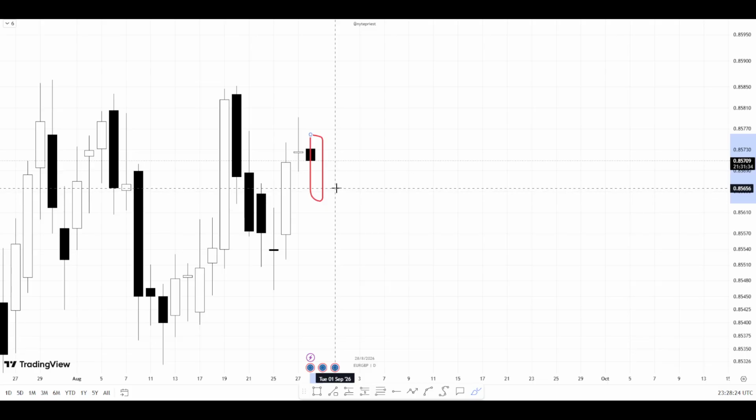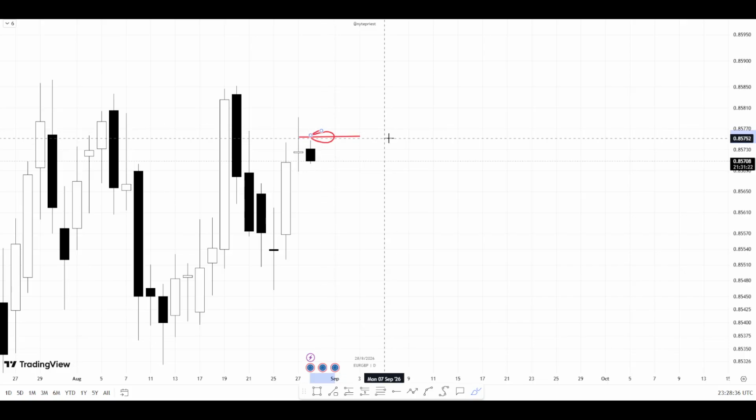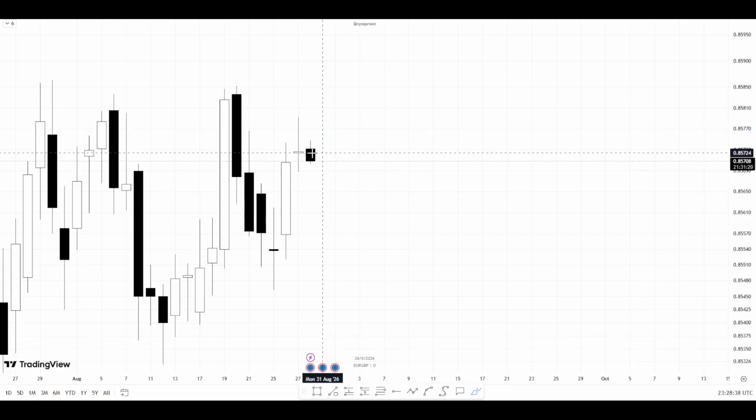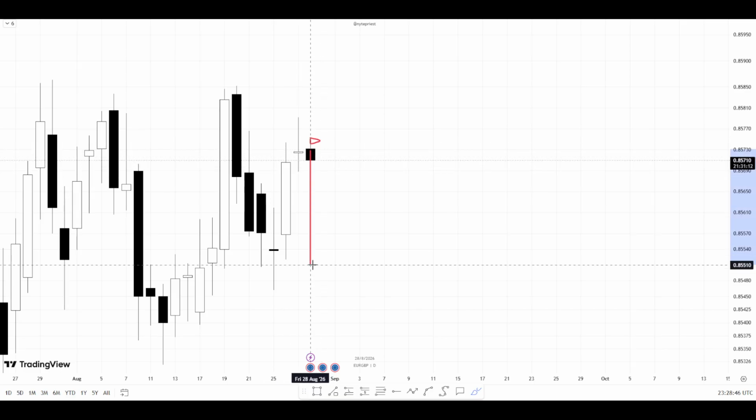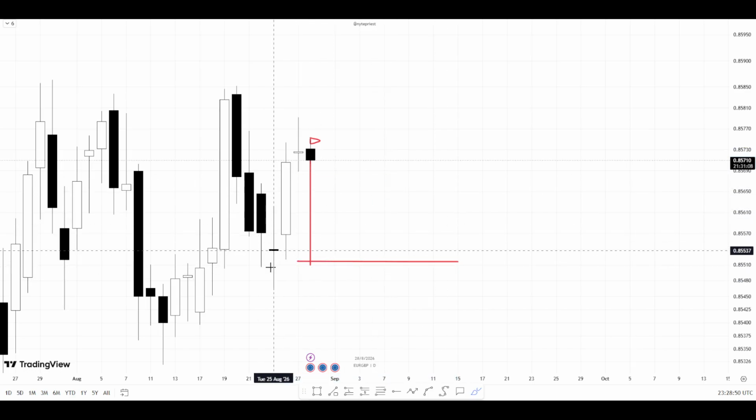Okay, so we have this break here, and this is the consequent encroachment or the midpoint or the EQ. So we'll be expecting price to then create its wick here in the upper part of the EQ and then trade to the downside. Target this low and then this low.